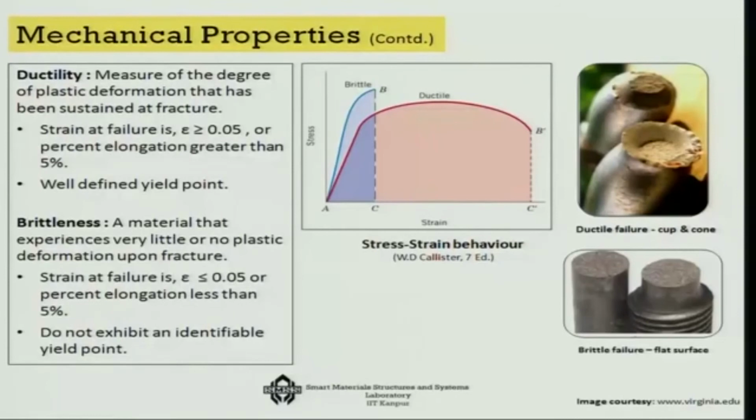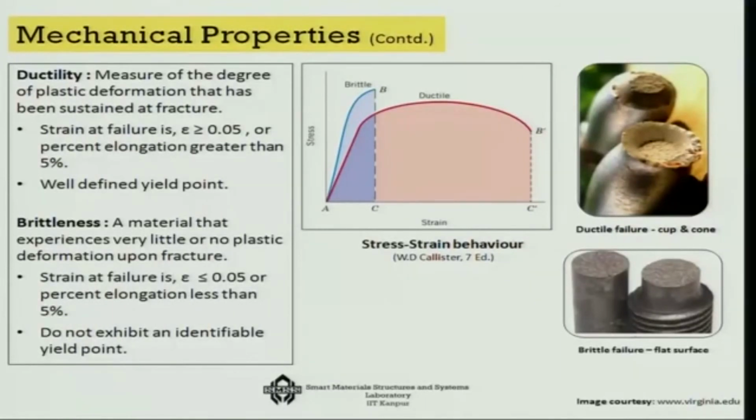So, naturally the tailoring is much more for an orthotropic material. Now, that is the relationship in terms of isotropic, orthotropic and anisotropic materials. So, that is about the stress strain relationship. There are some other mechanical properties which are also important. One of them is ductility.